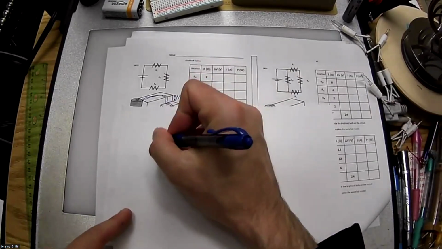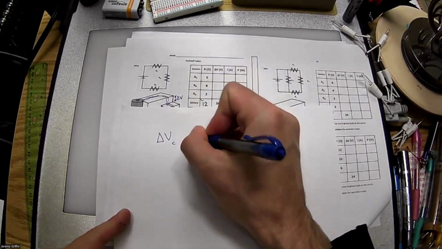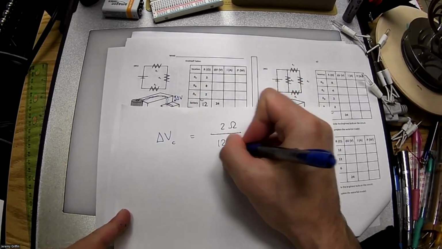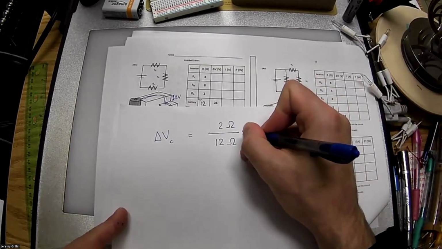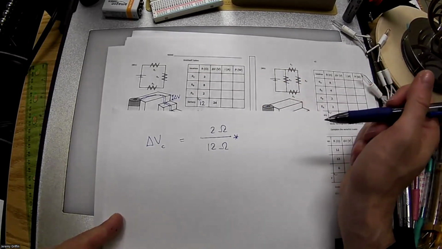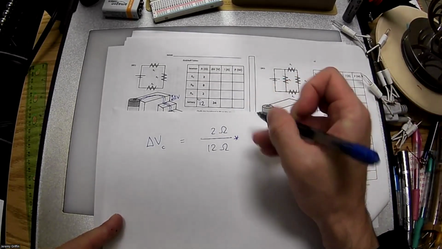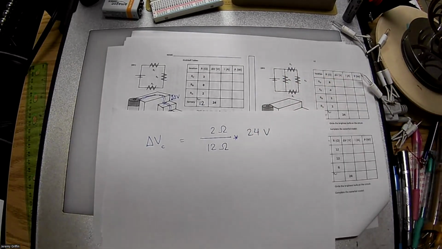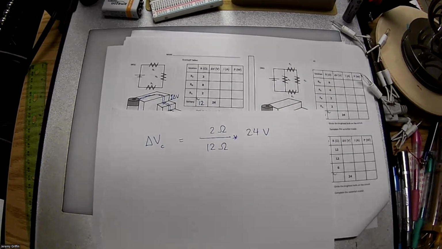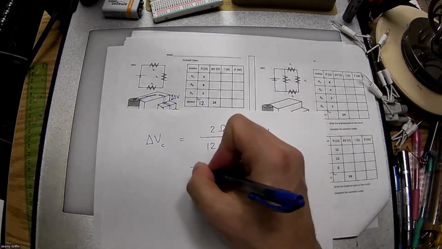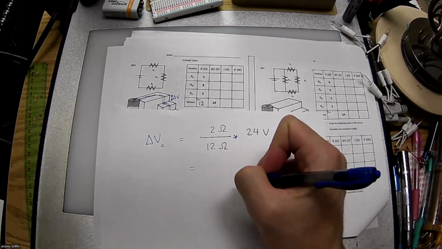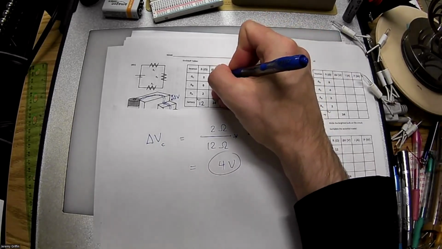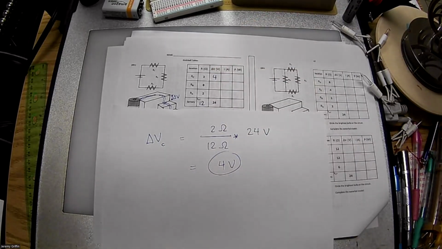So I can say the voltage drop across C is 2 ohms out of 12 ohms on the whole branch, so 2 out of 12 is the ratio, and the voltage applied to begin with was 24 volts. 2/12 of 24. Guys, what is 2/12 of 24? 4 volts. That's this number right here. Bam, 4 volts.